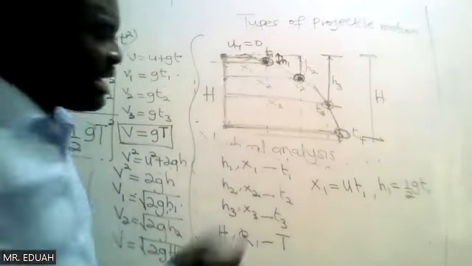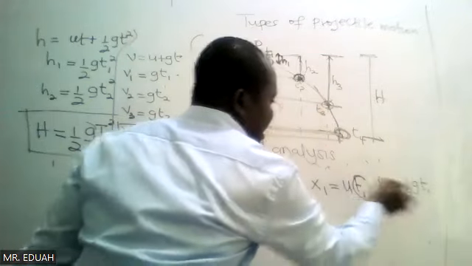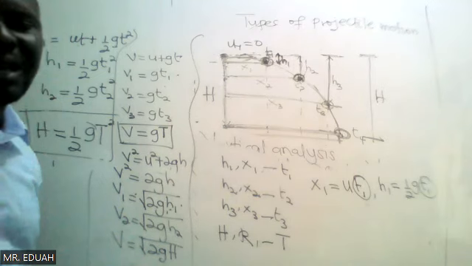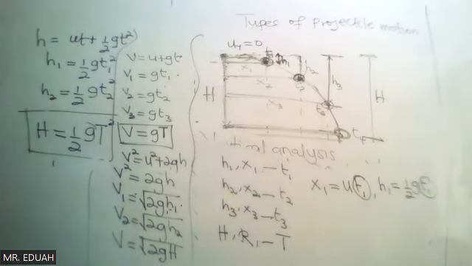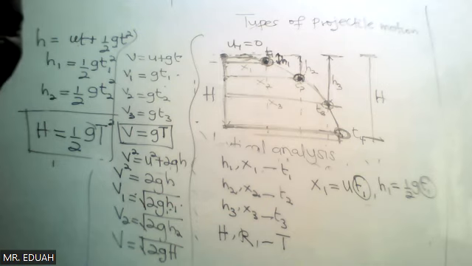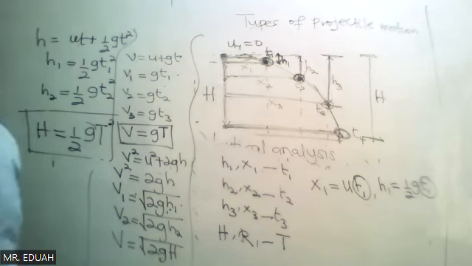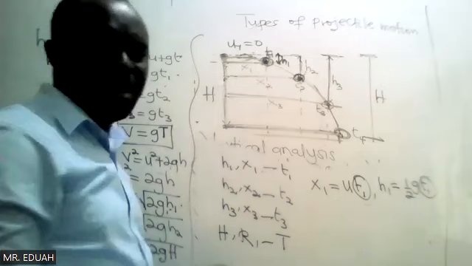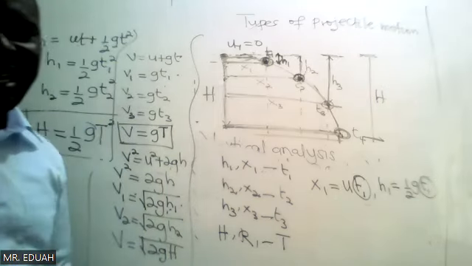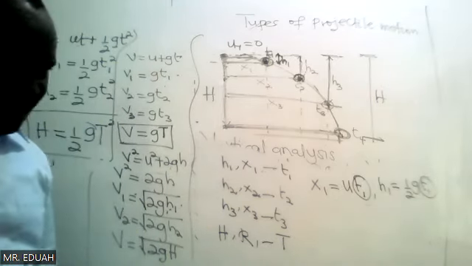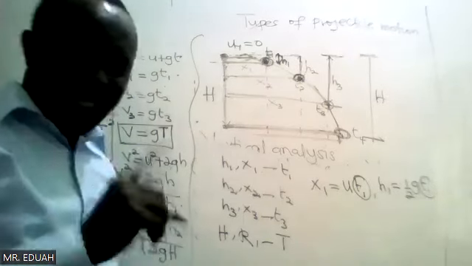What I'm saying is that the time here and the time here, so long as it's about x1 and h1, are the same. Please, are we okay? So the body takes the same time to make a horizontal displacement and a vertical displacement. Now back to the question I gave you.